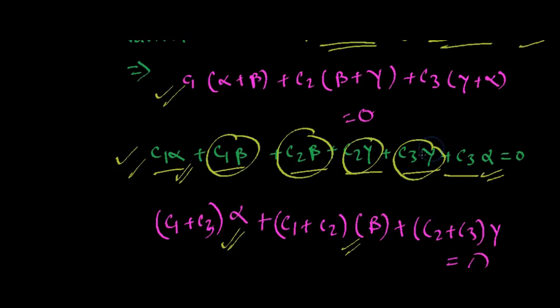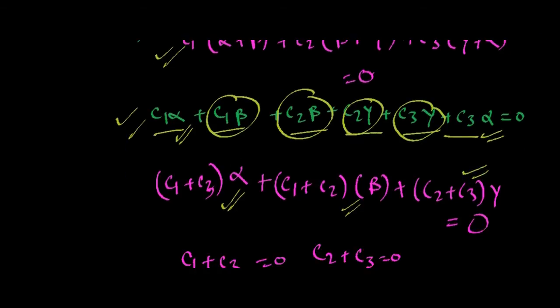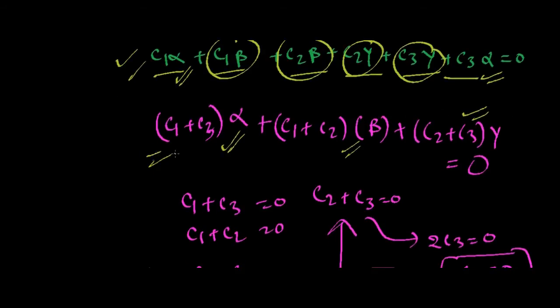So this is the equation: some constants, say k1, k2 and k3, such that k1 into alpha plus k2 into beta plus k3 into gamma equals 0.